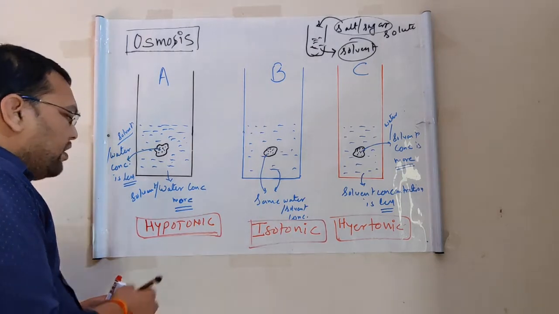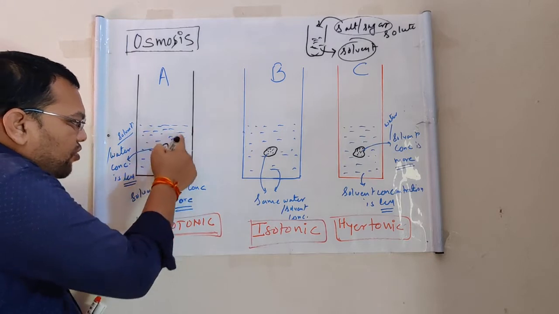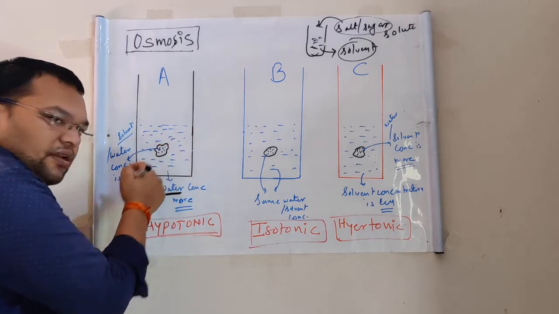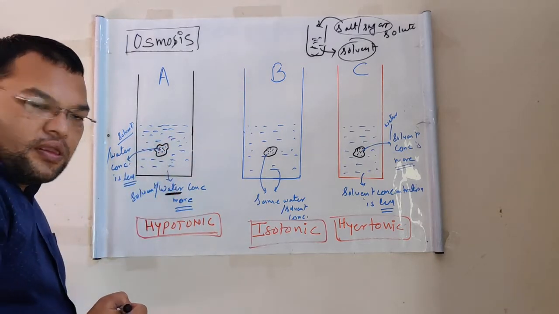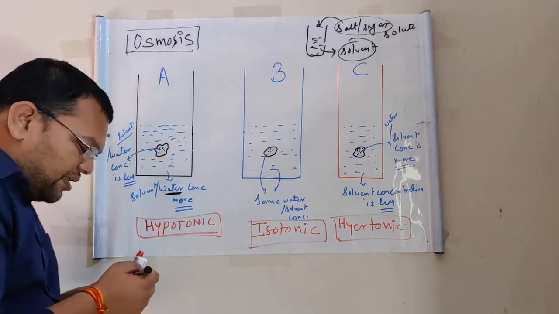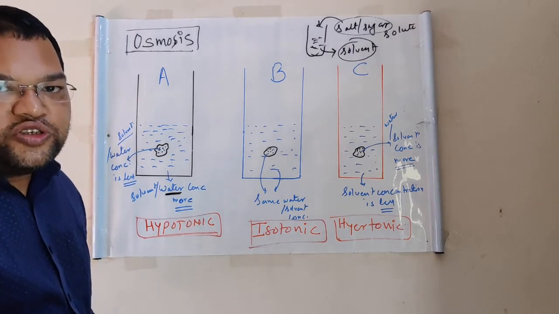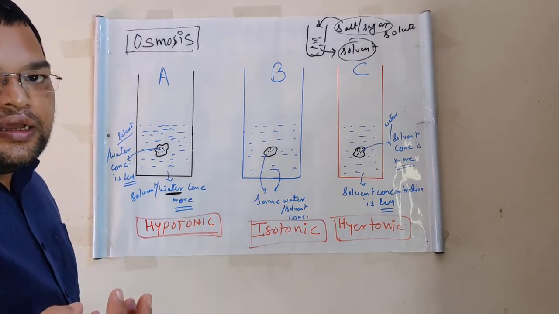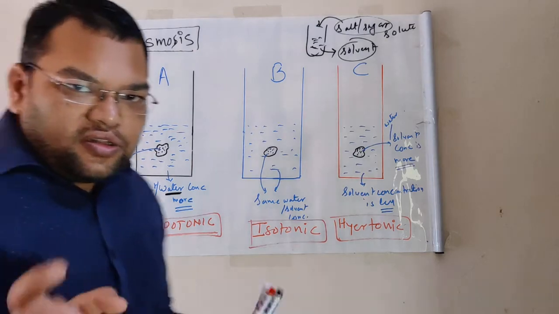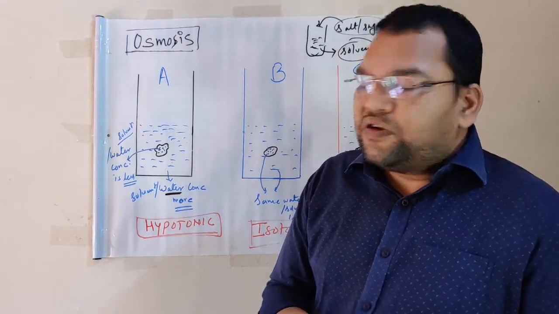So here the concentration of water is more outside the plant cell, and inside the cell there are many other substances, the solutes, and with the solutes the solvent, water, is there. So water is the medium in which all the solutes are dissolved.